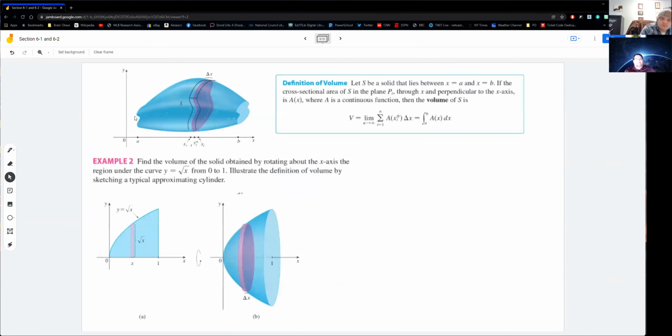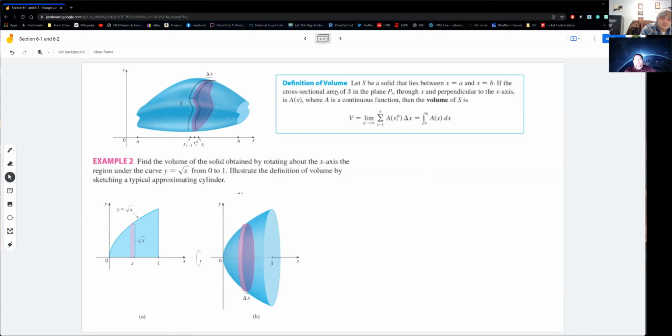What integration allows us to do is to cut it up into a bunch of little slices. And if we find the area of each of those slices, we can find the volume of the entire shape. Integration allows us to take those slices and make them infinitely small. So you're looking at the integral of the area of that shape over the range that you're looking at, because that ends up making it your height.